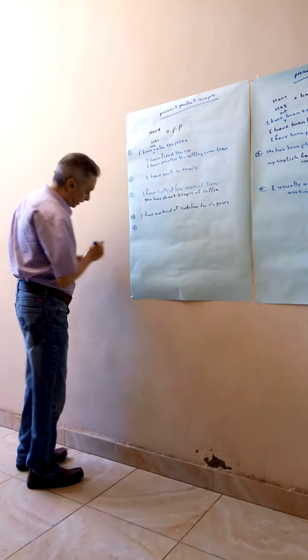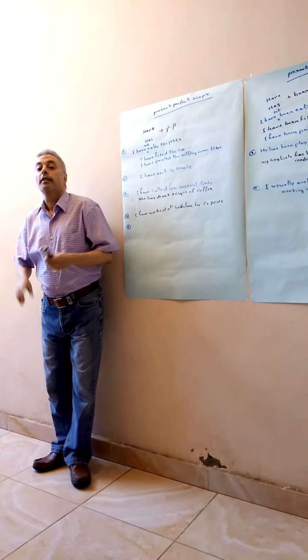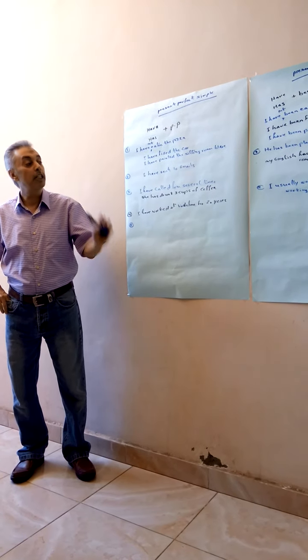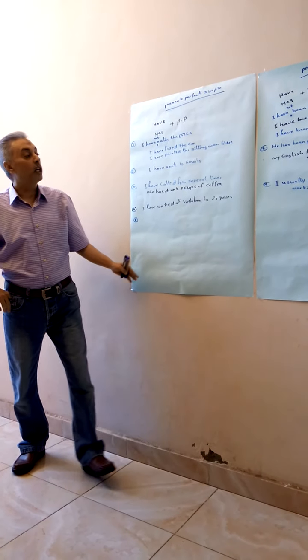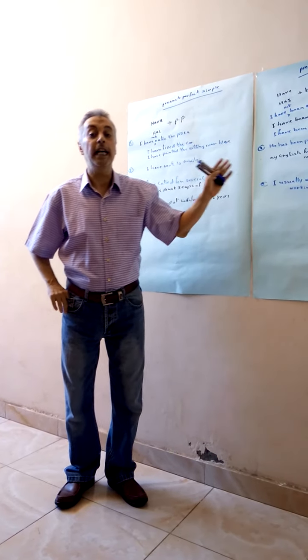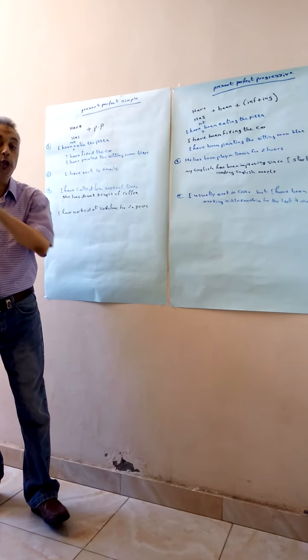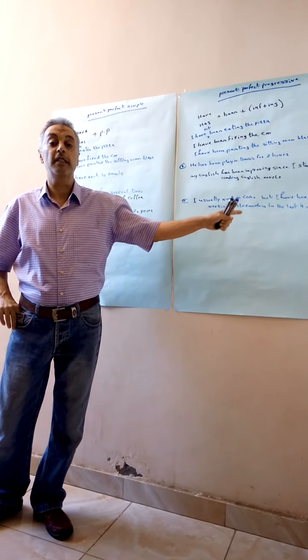Fifth difference, and last difference, we can use action verbs and stative verbs with the present perfect simple. Whereas we can use only action verbs with present perfect progressive. We cannot use stative verbs with present perfect progressive.